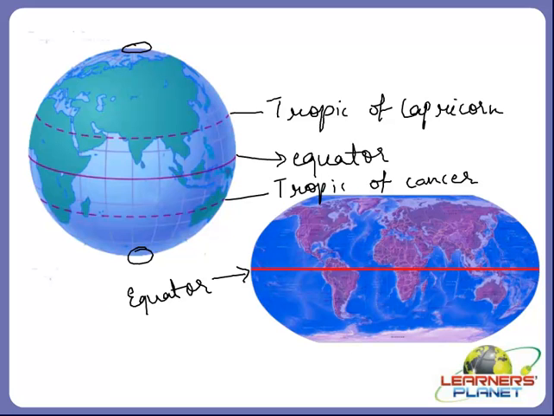So we studied about some plants. Now we will study about some animals, with which we can see that with the change of temperature, what can be the change in the animals? How can temperature affect the distribution of animals around the planet?